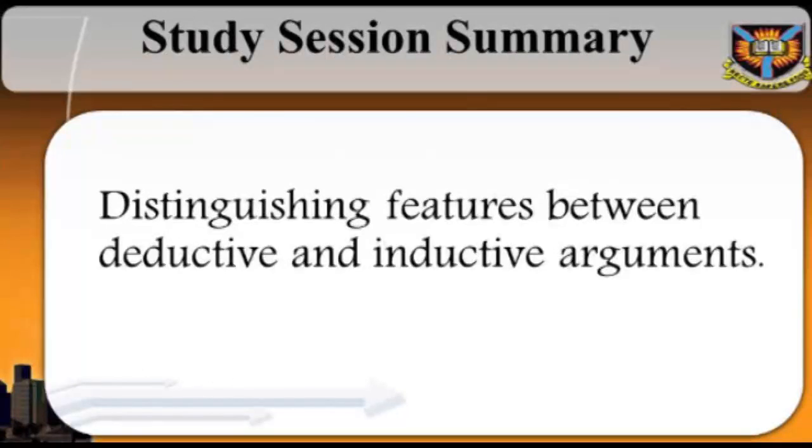Study session summary. In this study session, we pointed out the distinguishing features between deductive and inductive arguments. You learned that if an argument's premises guarantee the truth of its conclusion, then that argument involves a deductive inference.